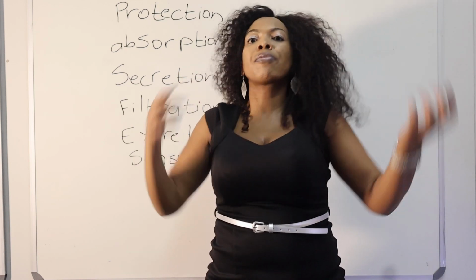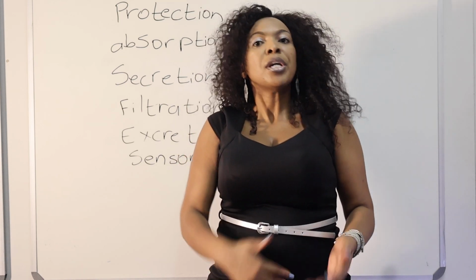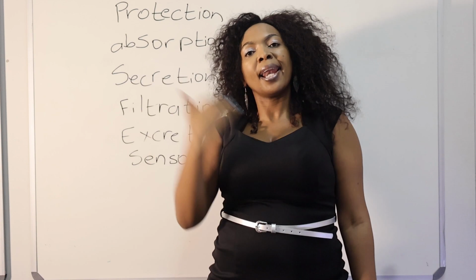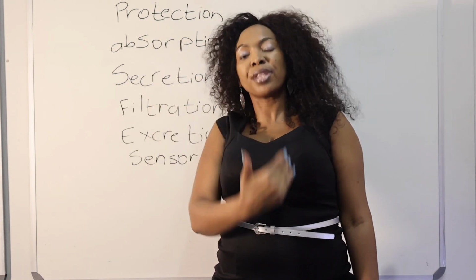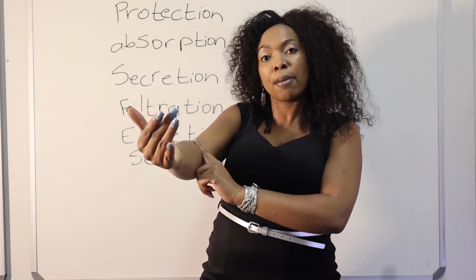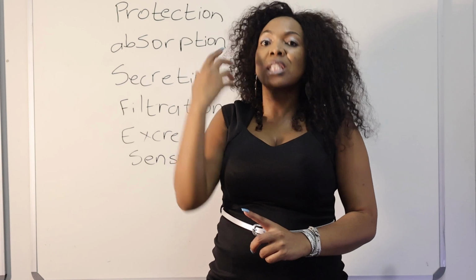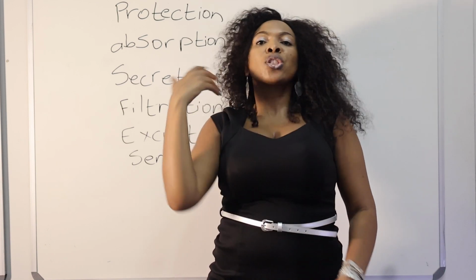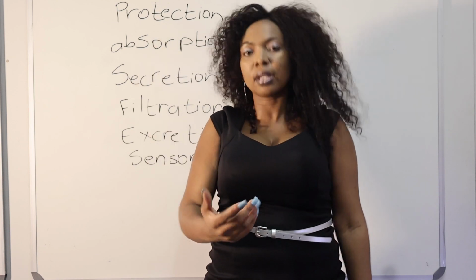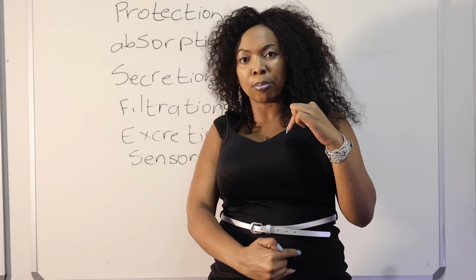Another example of the epithelium is in the intestines. So the intestines have got a lining of the epithelium. It's another type of epithelium which is different from the epithelium of the skin. We will go through it when we study the classifications of epithelium. So in the intestines, we have the lining of the epithelium.